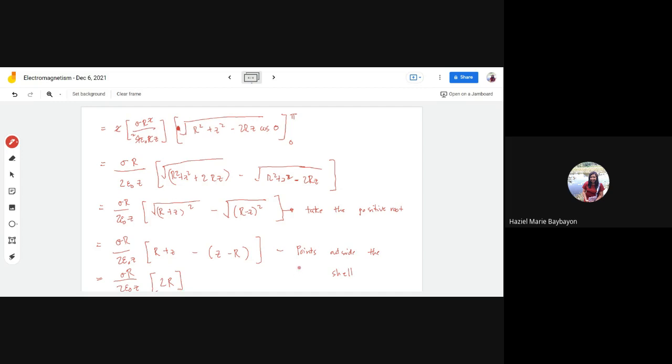So for points outside the shell, the potential V of r is equal to sigma r over 2 epsilon naught z multiplied by 2r. We can cancel the 2, so we have sigma r squared over epsilon naught z. Okay, so this is the potential outside the shell.